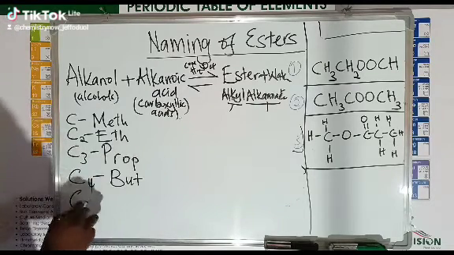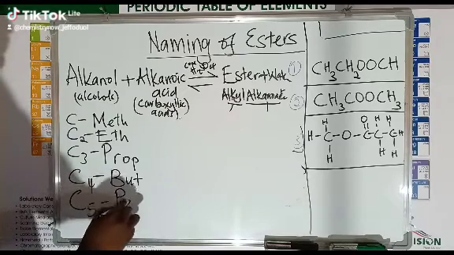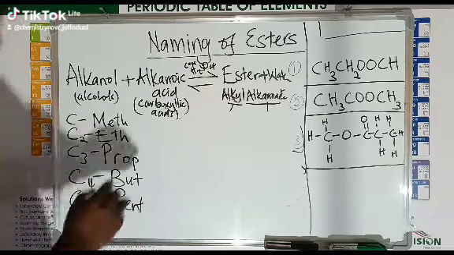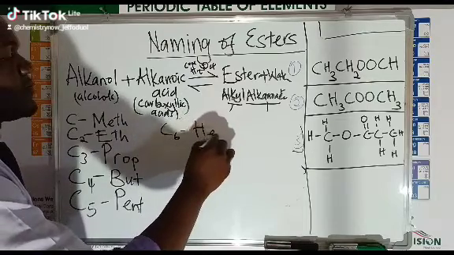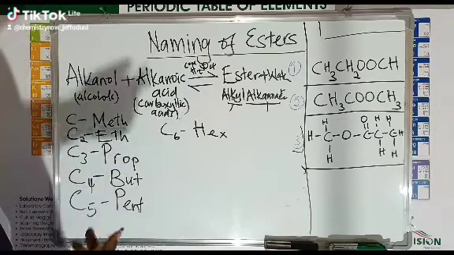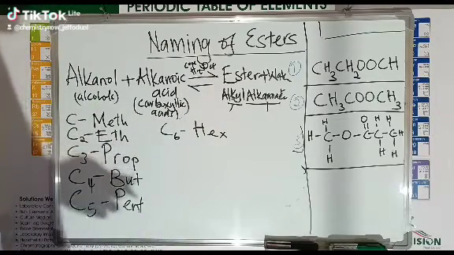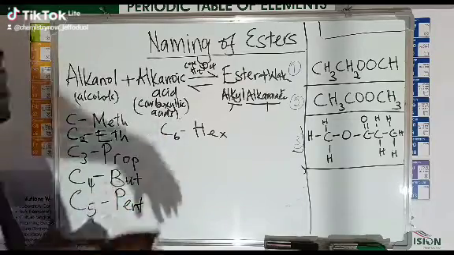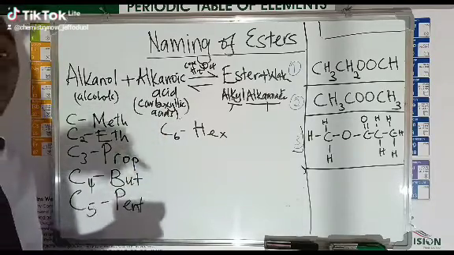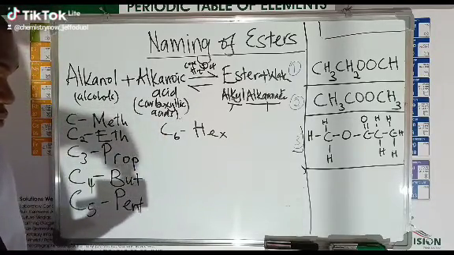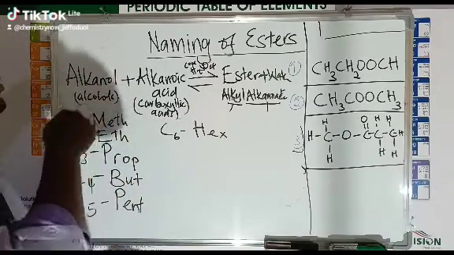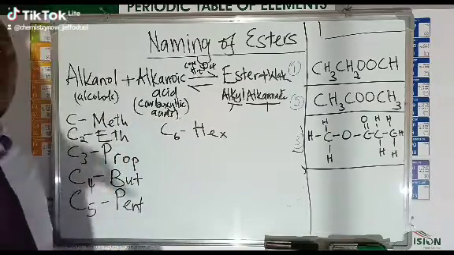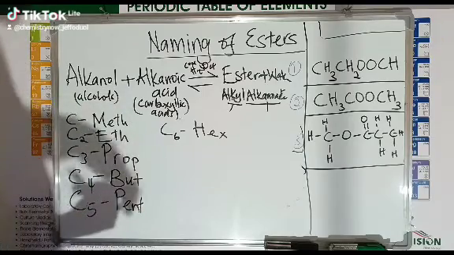If there are five, you will have pent. If you have six, for instance, you'll have hex, and so on and so forth. But hardly will you go past maybe 10 in O-level chemistry. So this one is the same. This also applies to alcohols and alkanoic acids. So this is going to be important.